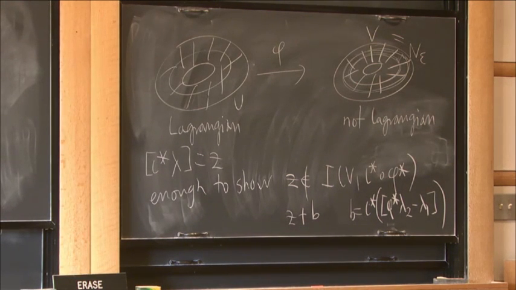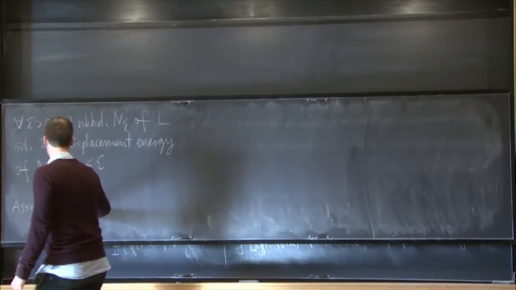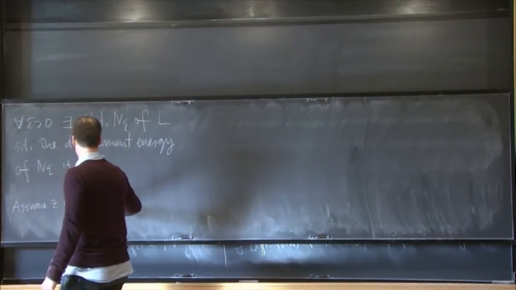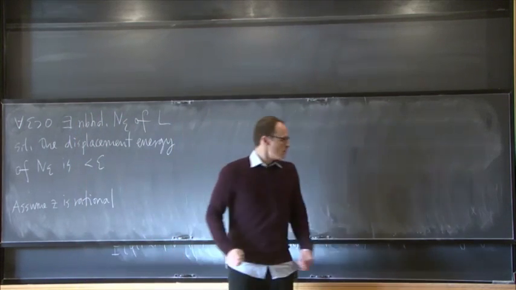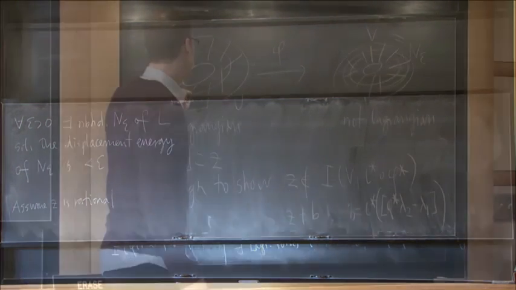And now I have different choices. And since I have only a couple of minutes left, I'm going to make one. I can assume that Z is rational. Because I pick some Lagrangian torus here that exists. So I have my Z here.